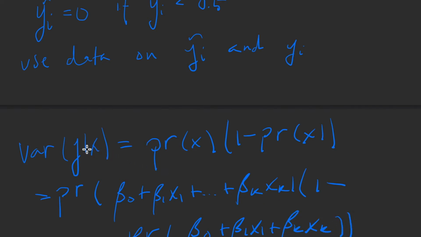So we see that the variance of y given x is a function of x. So we necessarily have heteroscedasticity in these models, unless there are no explanatory variables.